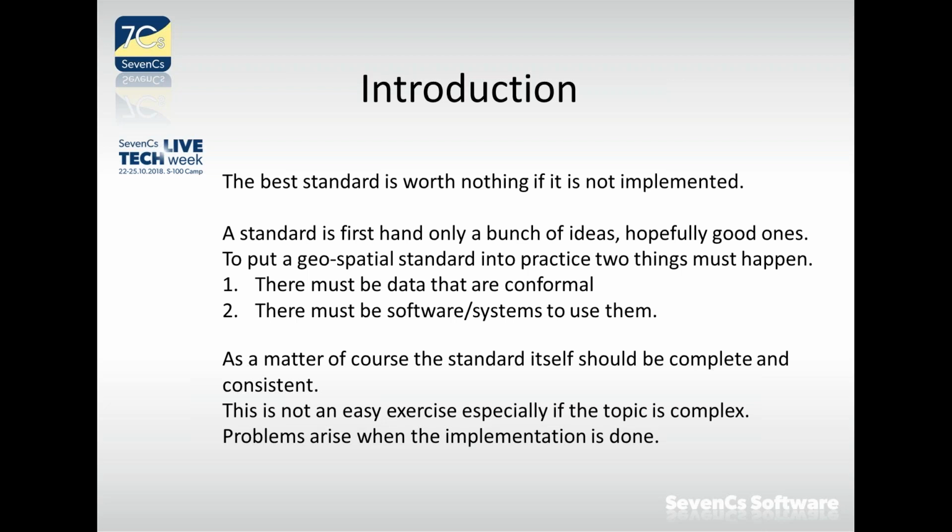And we know from the past that this is quite a time-consuming exercise, because data producers must be aware of the standard, tools must be available, and it must follow in their production scheme and so on. So this is one of the preconditions for the standard to be a success.